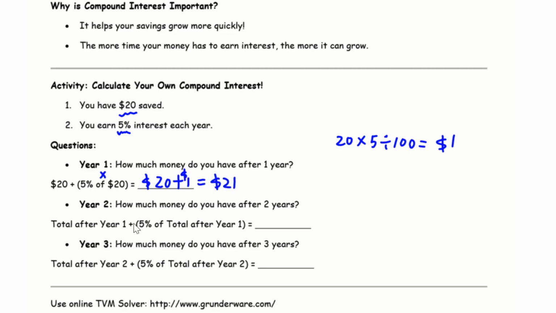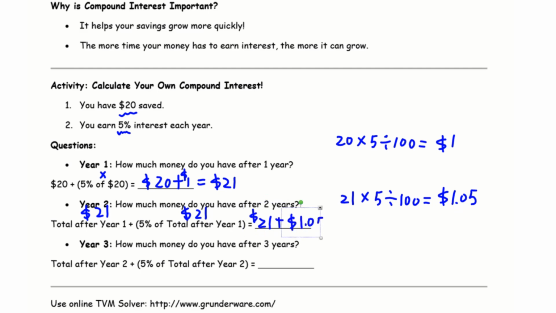For the second year, you start with $21. Then 5% of $21 is 21 times 5 divided by 100, for 1 year only, which is $1.05. So we add it: 21 plus $1.05, we have $22.05. This is the balance in our account.